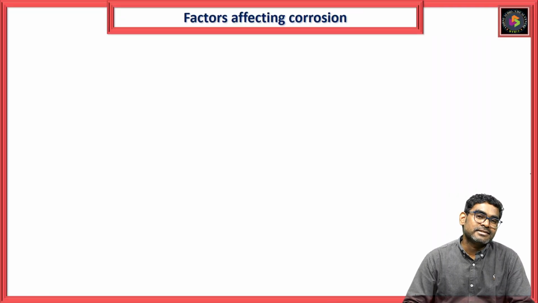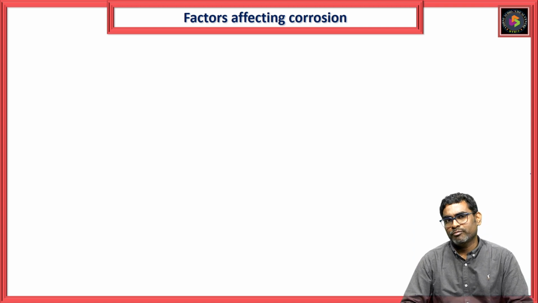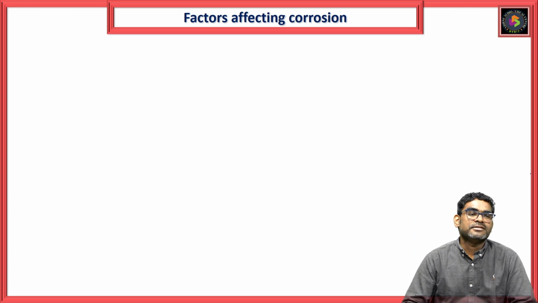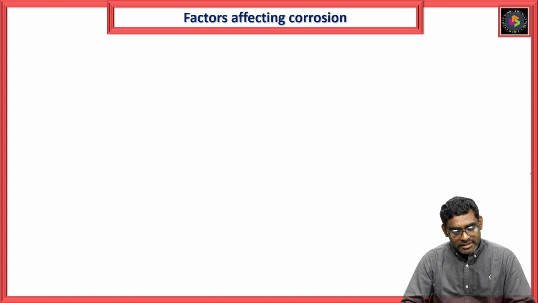As already discussed earlier, corrosion is a phenomenon which deals with the nature of the metal and the nature of the environment. See, corrosion is every time related with metal and environment, because corrosion happens when a metal is placed in the environment. So obviously, there are only two factors affecting corrosion.